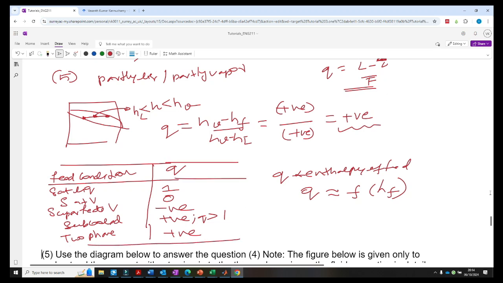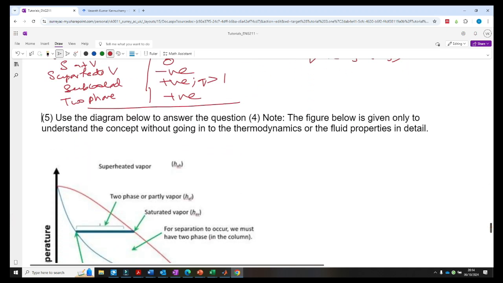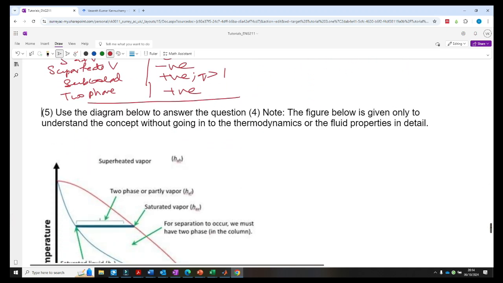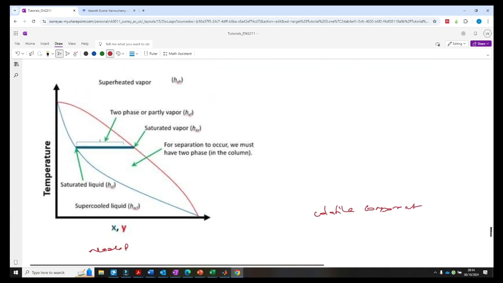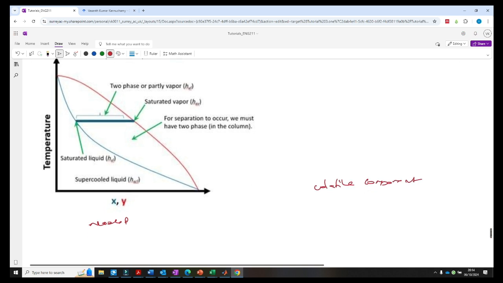Let's go to the next question, which should be really easy. Use the diagram below to answer question blah blah blah. Yeah, I know we already answered it. What is this? Something appearing here. Let me erase that. How to erase it?